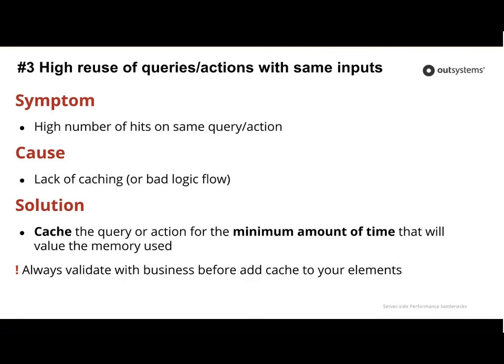What we advise here is to use a feature from the platform that is the cache. Whenever you need to get the same result within a specific period, you can rely on the previous result. By adding a property into your query or action, you can easily get a huge improvement because you are not going to execute the same logic. You're going to reuse the information that was stored in memory.